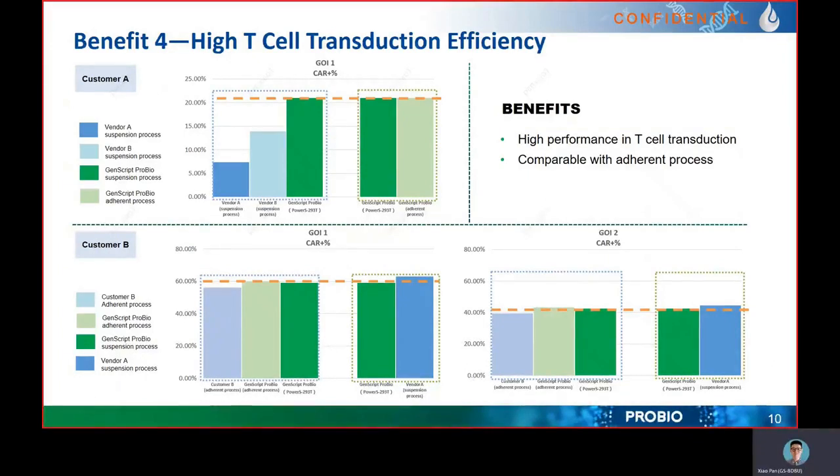We also tested the T-cell transduction efficiency of our suspension system and compared that with our adherent processes. It can be seen here that the suspension system resulted in high performance in T-cell transduction, and the performance is also comparable with the adherent processes on various projects.